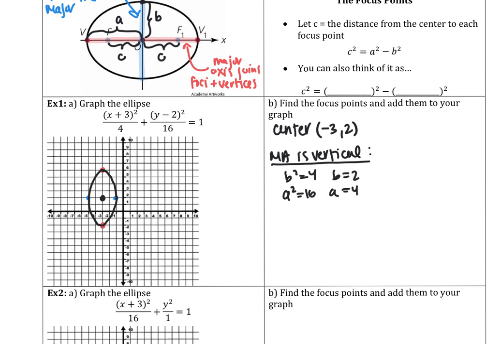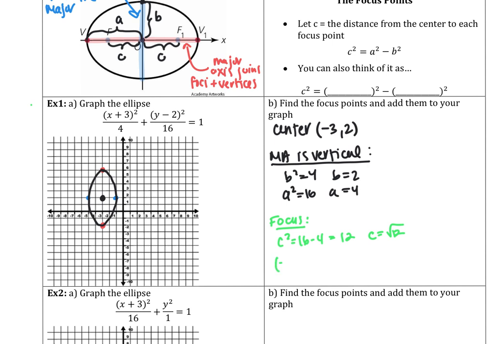So in order to get those focus points, I have to find the c value. Okay, so c squared equals a squared minus b squared. So c squared equals a squared, 16, minus b squared, which is 4. That's 12. So c equals the root of 12. And notice the distance from the center to the focus point is c, which is root 12. So therefore, my center is at (-3, 2).